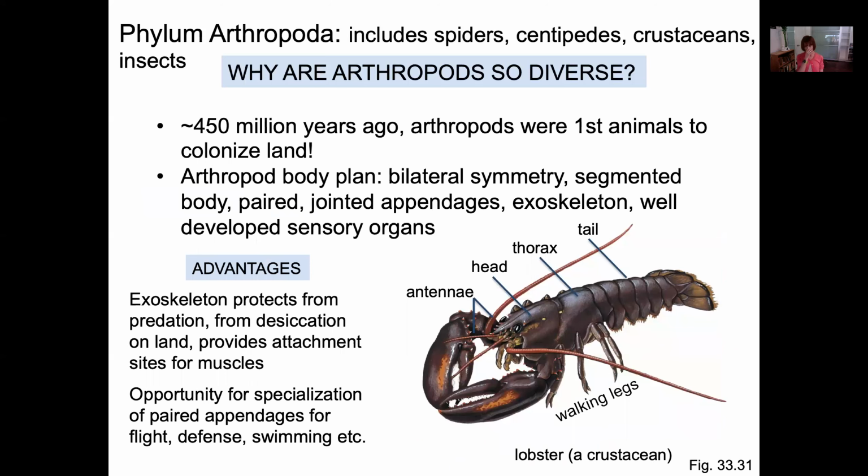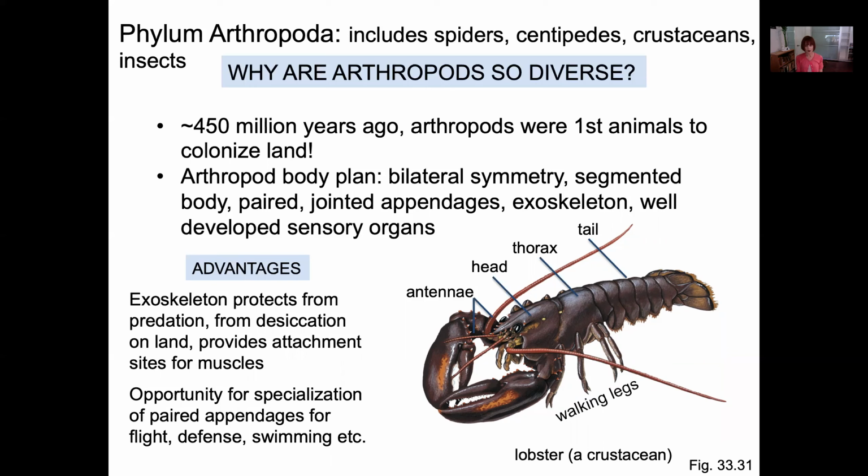There are other reasons besides that. They've evolved this body plan that, like other bilateria, is bilaterally symmetrical, but it's a segmented body, and segmented body in arthropods refers to these distinct body parts that are combined together, and this allows for specialization of those different body parts.